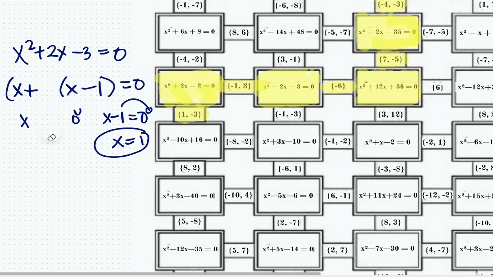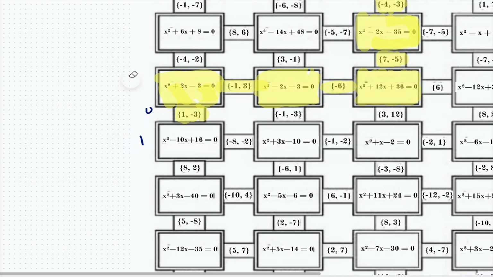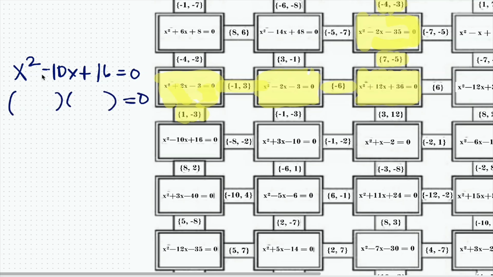Now let us proceed to x squared minus 10x plus 16 equals 0. Then we get the factors, x times x. The two numbers are, I think, 8 and 2. You can feel that you are getting faster at finding factors. The sign would be negative in the middle term, so the big number is negative and this one is positive.